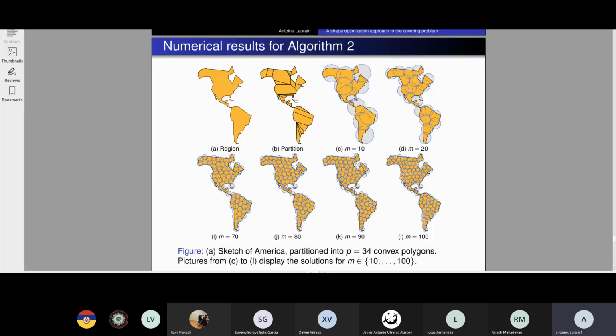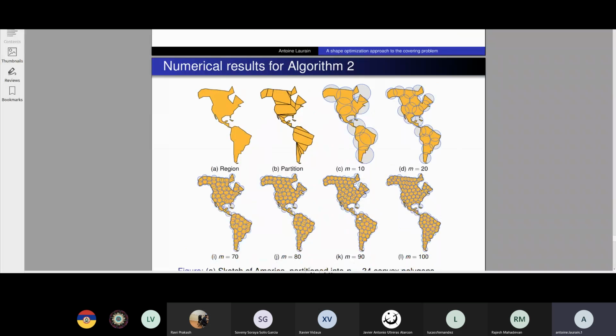For instance, we did the covering of the Americas here. This is a sketch of the Americas that we took from another paper about covering. You can divide this into a union of convex polygons, I think here 34 convex polygons.